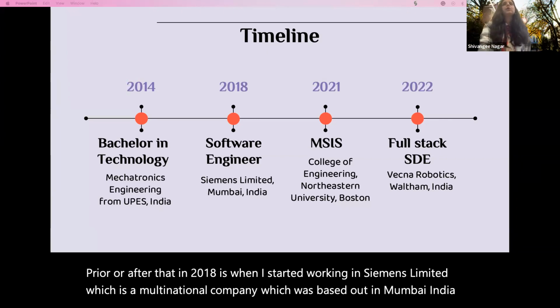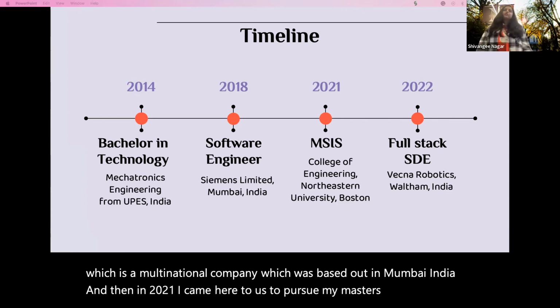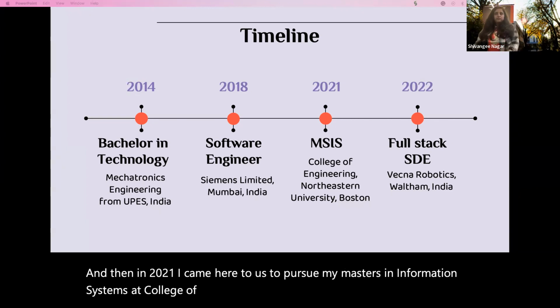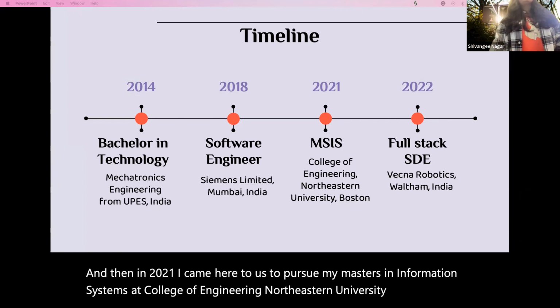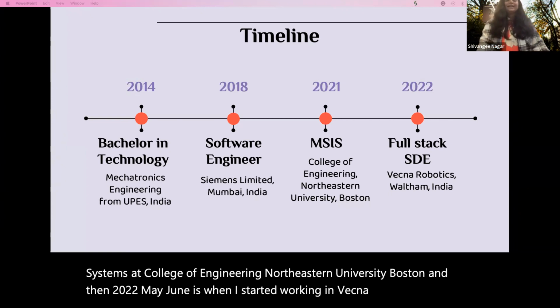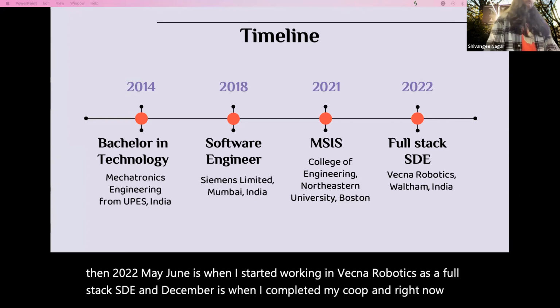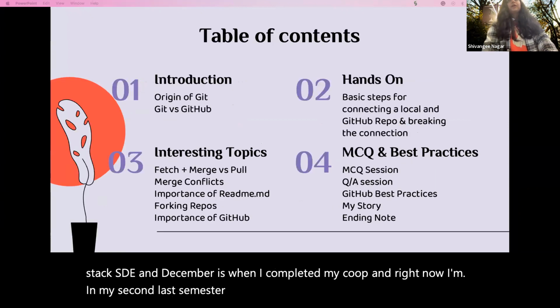And then in 2021, I came here to the US to pursue my master's in information systems at the College of Engineering, Northeastern University, Boston. Then in June 2022 is when I started working in Venca Robotics as a full stack SDE, and December is when I completed my co-op. And right now I'm in my second last semester at MSIS.